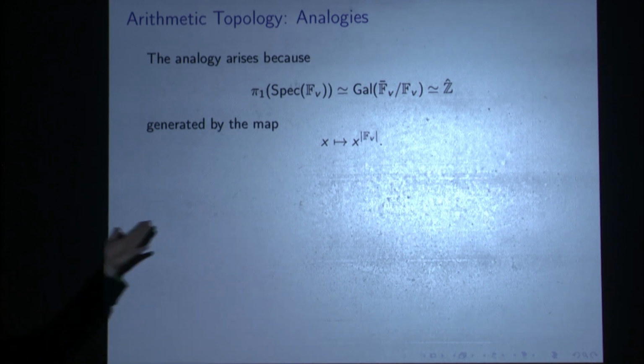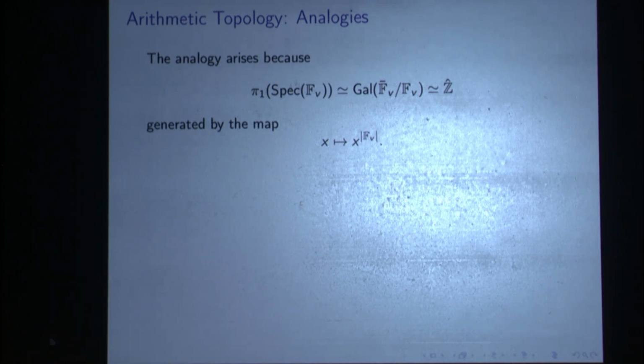So for example, if Fv is Fp, the finite field with p elements, the pth power map generates the whole absolute Galois group. So it's like a copy of Z, like Z hat. So it's like a circle. So that's the general idea.